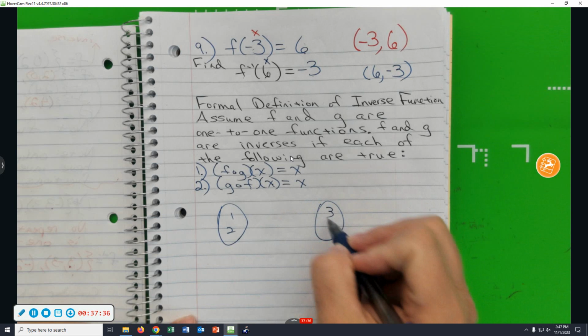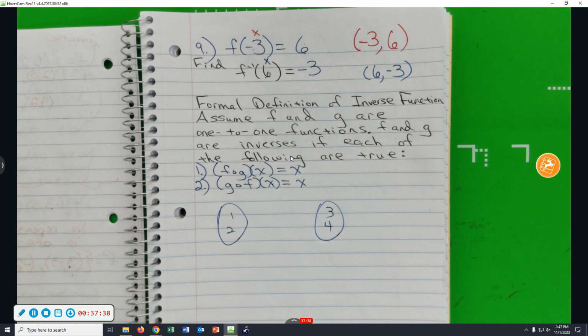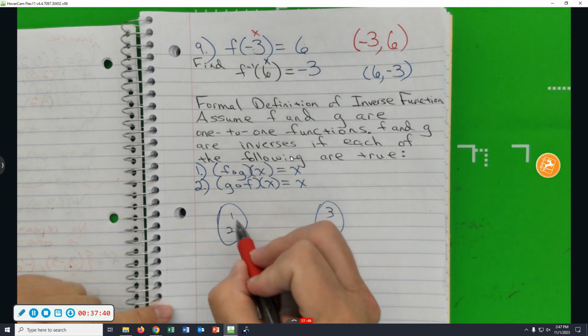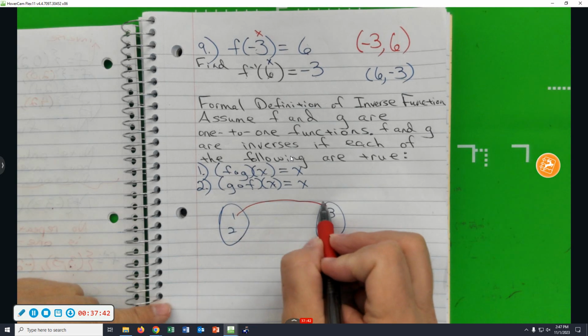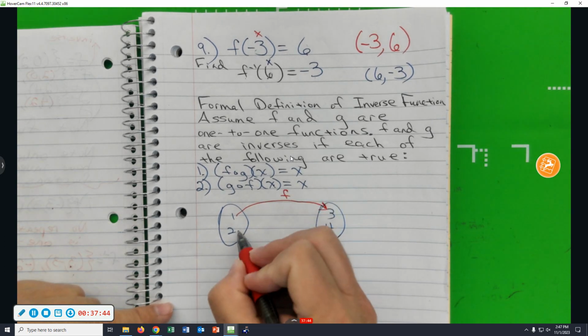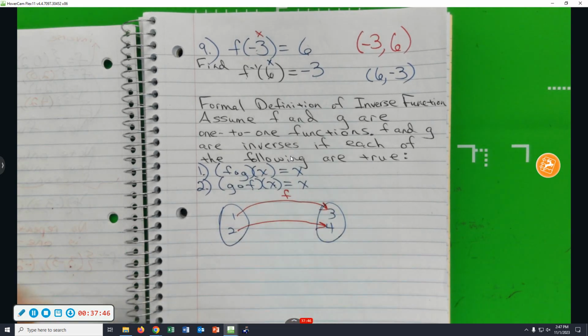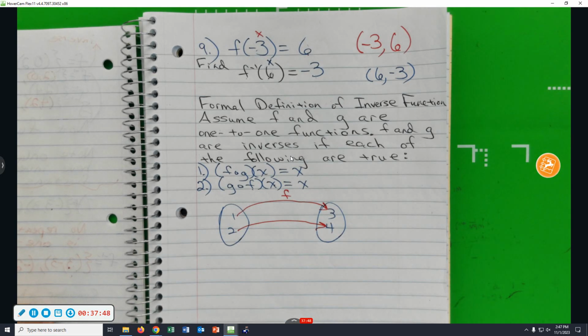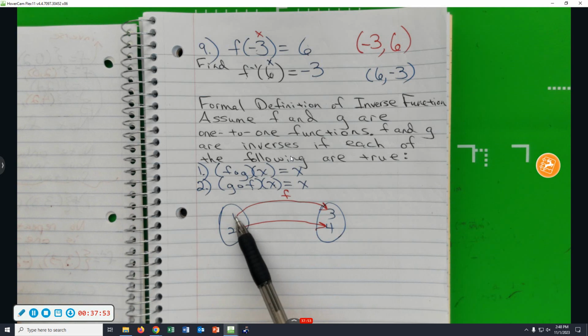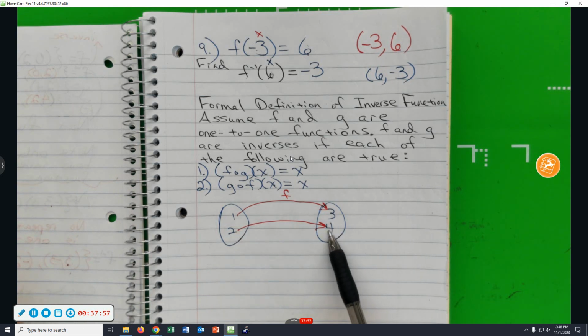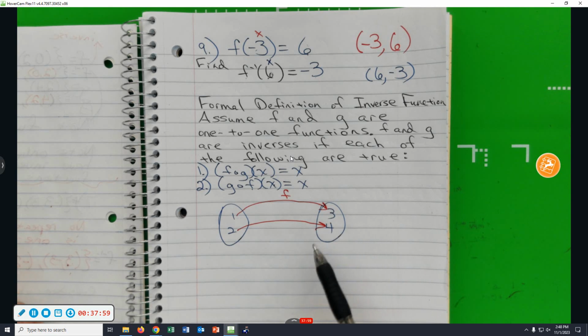I have two functions I want to look at. Here's the first one. f takes 1 to 3 and 2 to 4. Do you agree that's one-to-one? Each x value is assigned to one and only one y value, and there are no repeated y's.